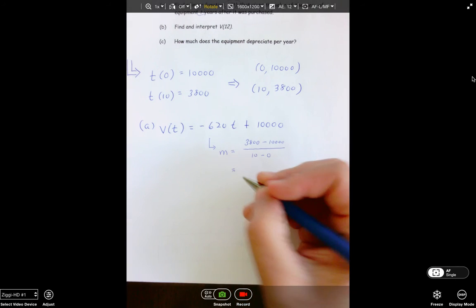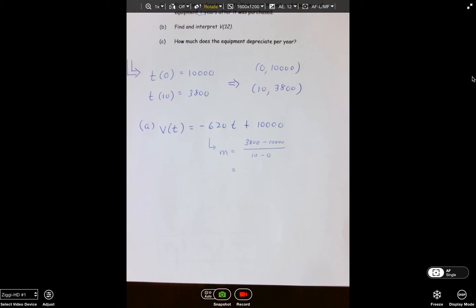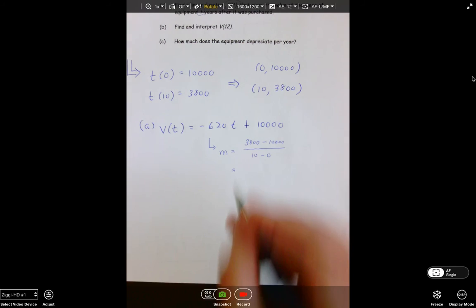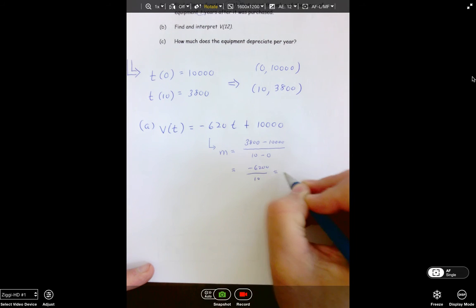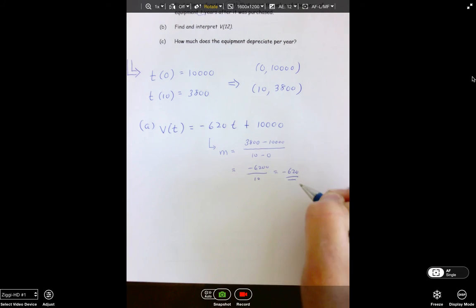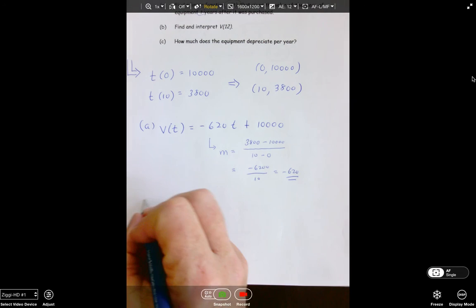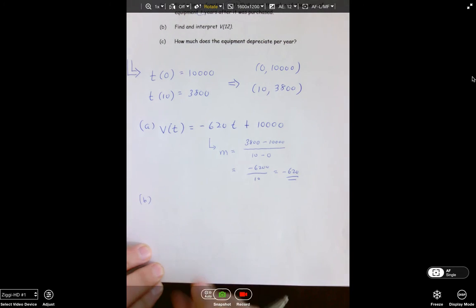So if you take this, you get 3,800 minus 10,000, which is minus 6,200, over 10, gives you negative 620, just as we got. Okay, sorry about that. I just wanted to make a point.